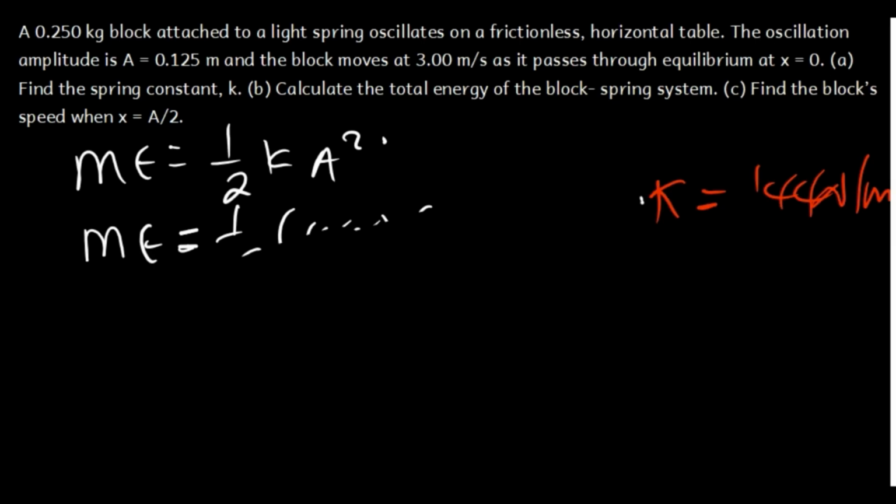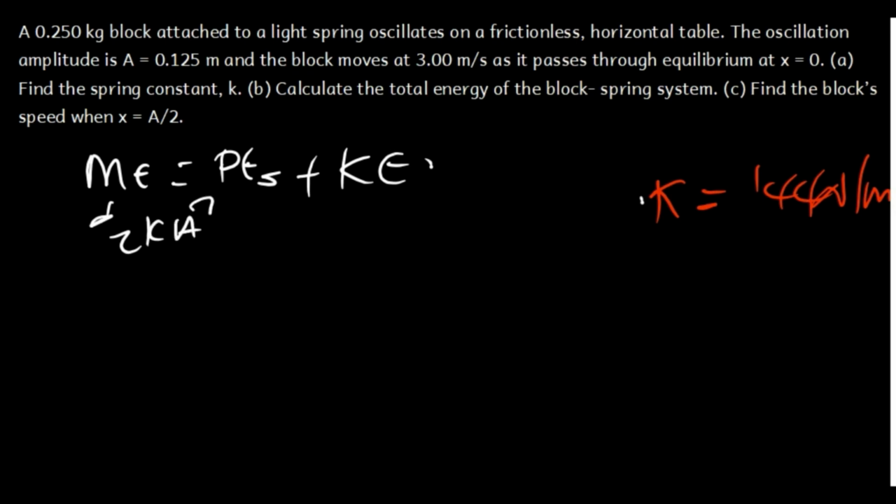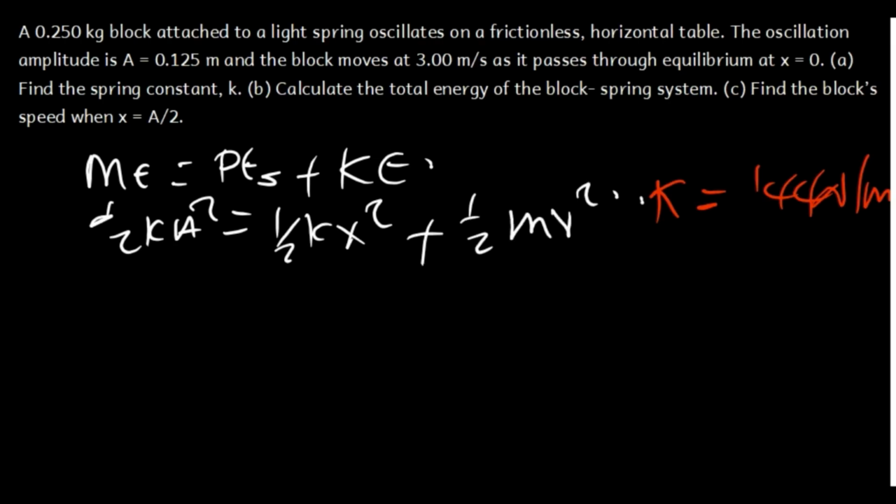Whenever you are trying to calculate the speed, we need to come from here: the elastic potential energy plus the kinetic energy. So we know that this is half KA squared, half Kx squared plus half mv squared.